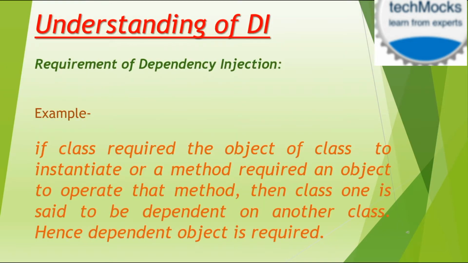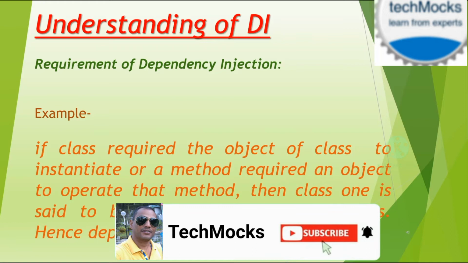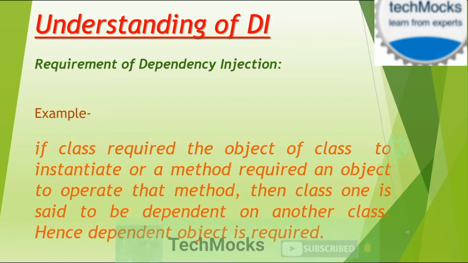Now we need to understand the requirement of dependency injection. For example, we have an employee class which has different kinds of properties. One would be your address class.